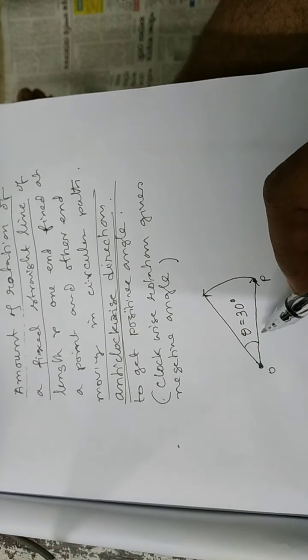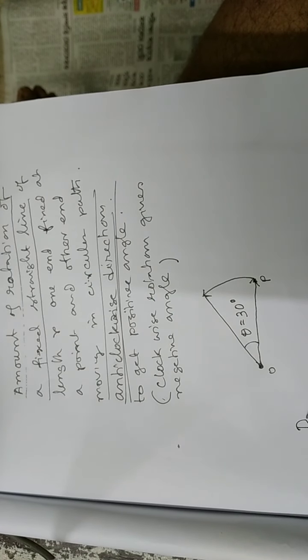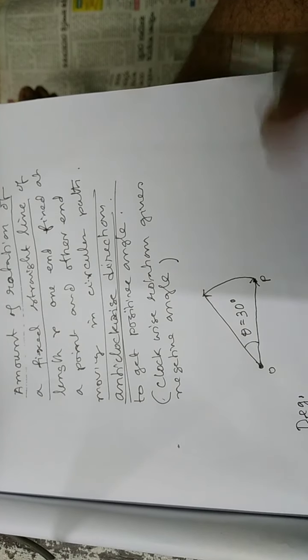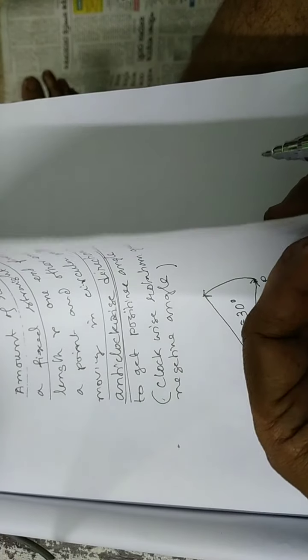30 degree. Now what is degree, what is radian, what is grade? Degree, radian and grade, this is the important topics on trigonometry. Degree, radian, grade.